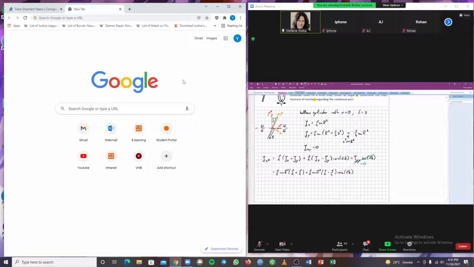Then 1/2 plus 1/4 is 3/4, and 1/2 minus 1/4 is 1/4.